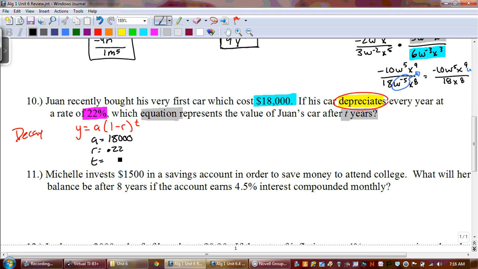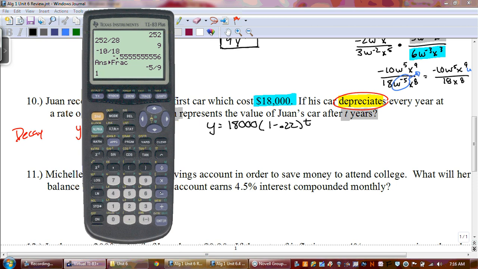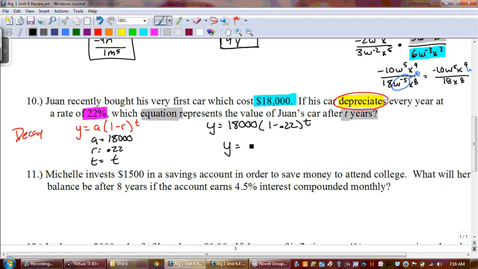And our t, they didn't say, so t is just going to be t. So if they want the equation, 18,000(1 minus 0.22)^t. So the only thing we have to do is 1 minus 0.22, and we get 0.78. And that's it. They didn't tell us how many years, so all they wanted was the equation. Well, there's the equation.